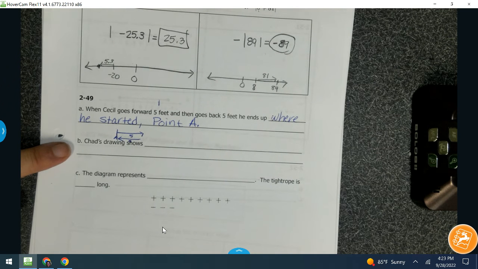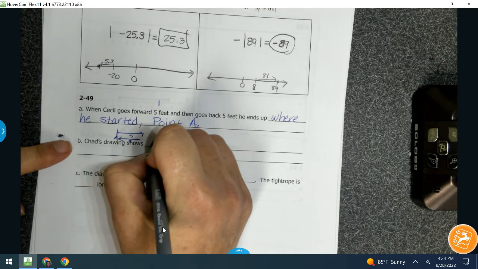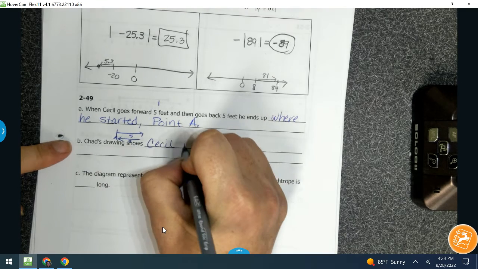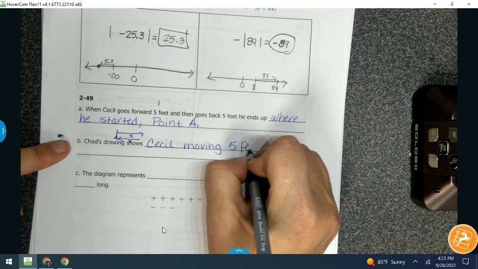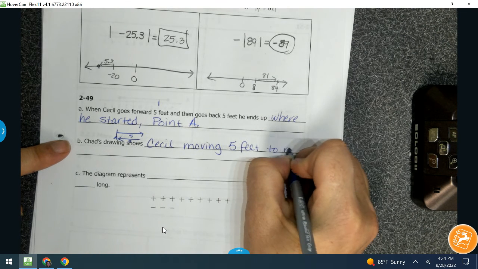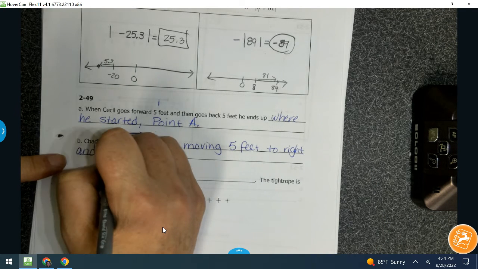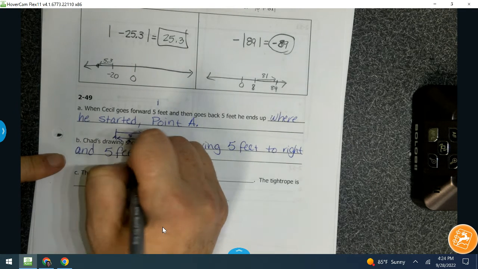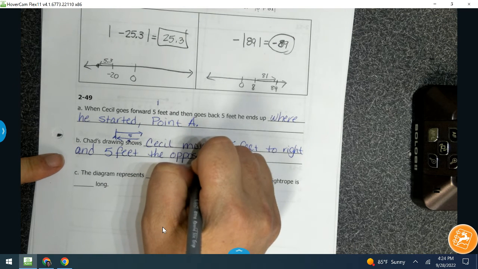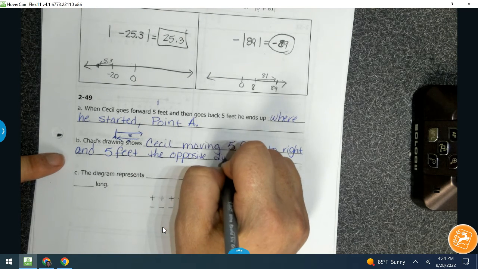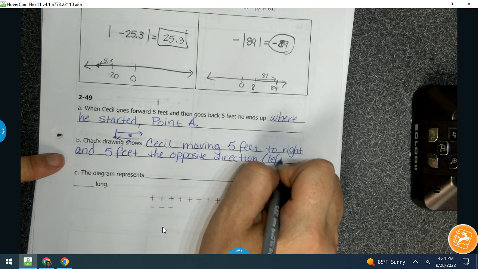So with that drawing, Chad's drawing shows Cecil moving 5 feet to the right and 5 feet the opposite direction, which would be to the left.